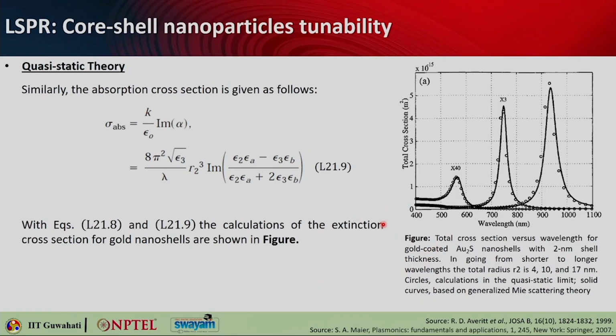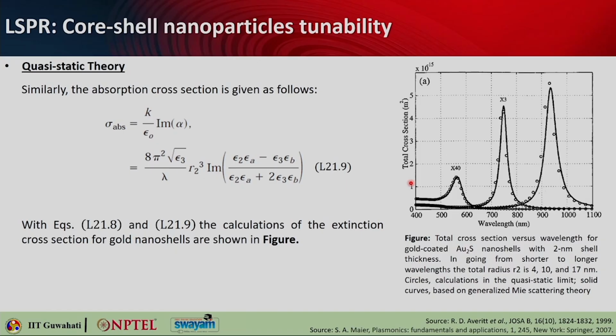Now let us take one example of a gold coated gold sulfide nanoshell. It means the core is basically gold sulfide and it is coated by gold. Okay. So, if you take that kind of a particle with 2 nanometer shell thickness, look at this figure. This figure shows the calculation of the total cross section.